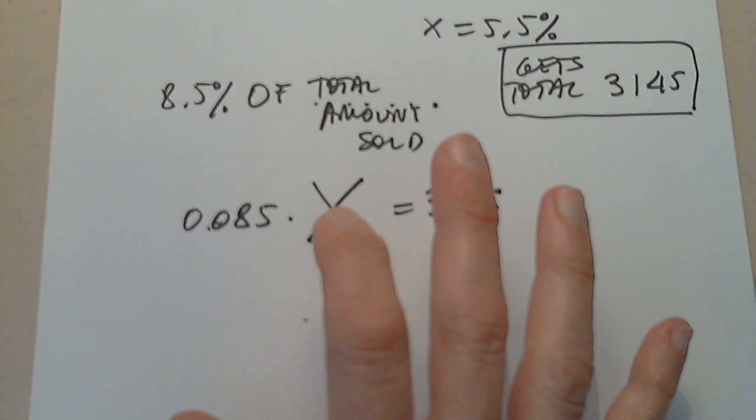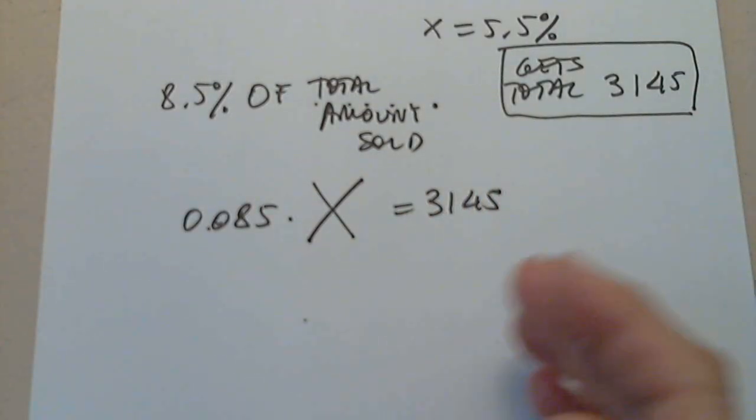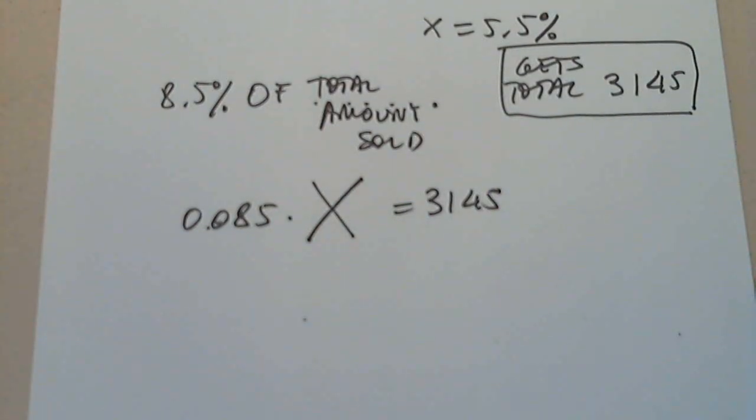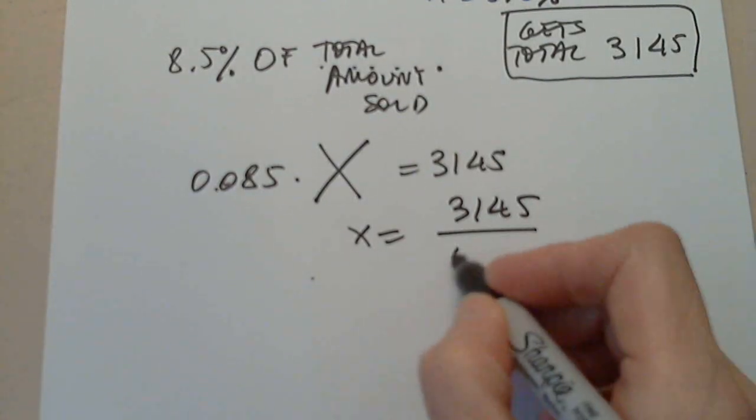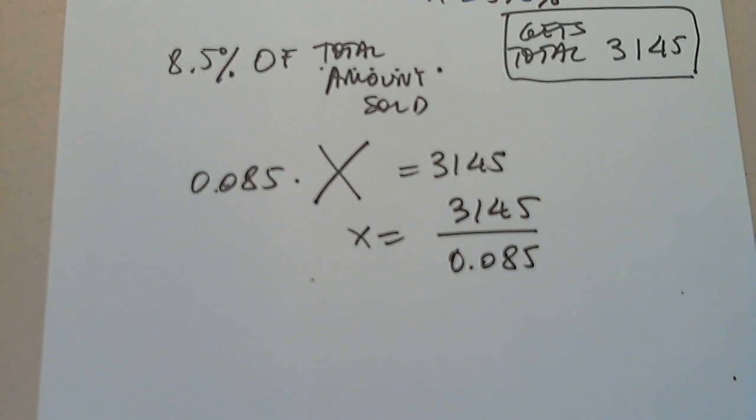How do I get the amount in US dollars that he sold in ski passes? Divide by 0.085. Exactly, 3,145 over 0.085. Good. And that's what he sold. And that's what the commission was determined on.